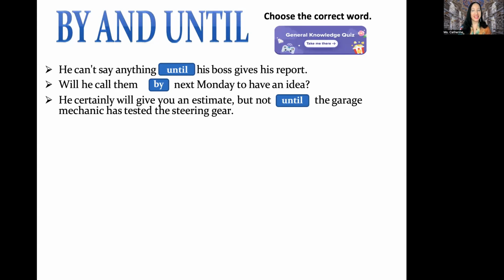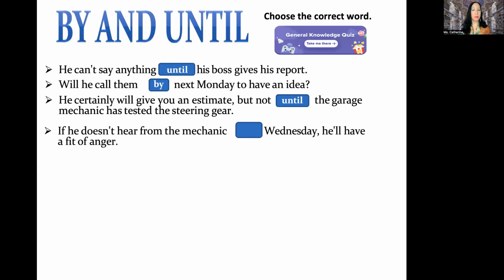Until, but not until the garage mechanic has tested the steering gear. Okay, let's just repeat this one together. Repeat after me. He certainly will give you an estimate, but not until the garage mechanic has tested the steering gear. Okay, what does this answer the question of? Do you remember? If not, go back to the review.